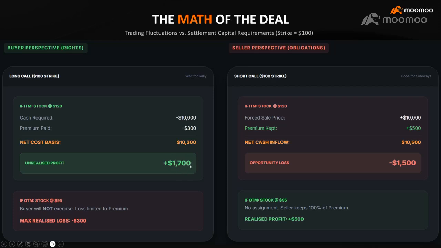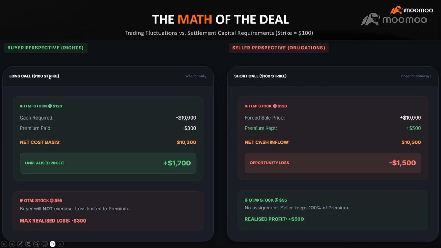It would actually be 2,000, but because you paid 300 before, netting it, the profit is about 1,700.